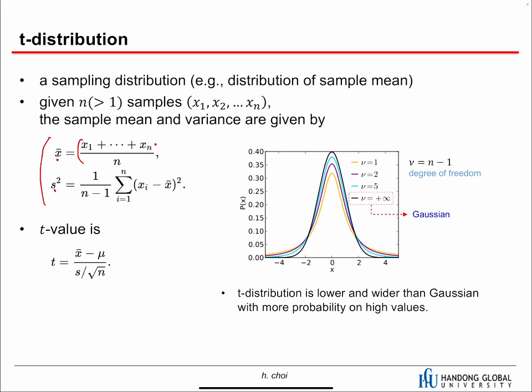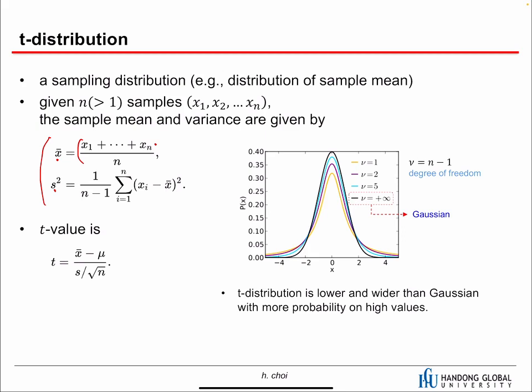And the t-distribution is about the distribution of averages. Let's say we are interested in the height of Korean people. We can check 1,000 people's heights and get the mean and the variance. If we assume that the distribution is Gaussian, then that's it: we have a sample mean and sample variance.